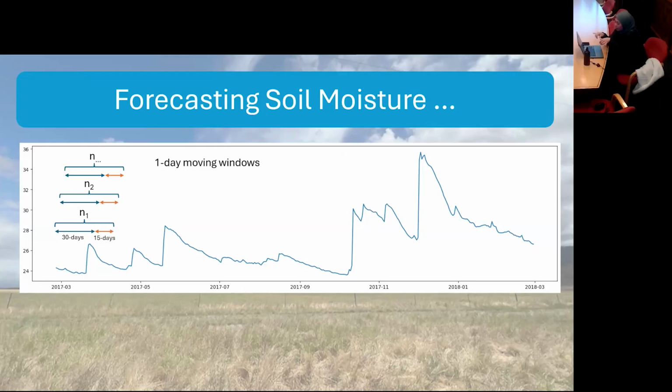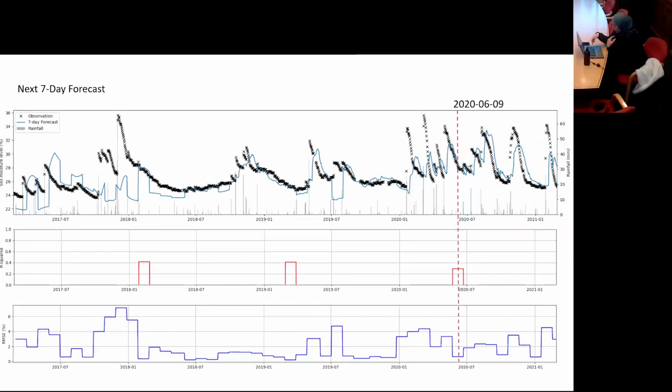So we create a data set based on those paired data, and we create it with a 1 day moving window. So that means if we have 360 days of data, we can probably have 340-ish, 340-something data sets, if that makes sense.